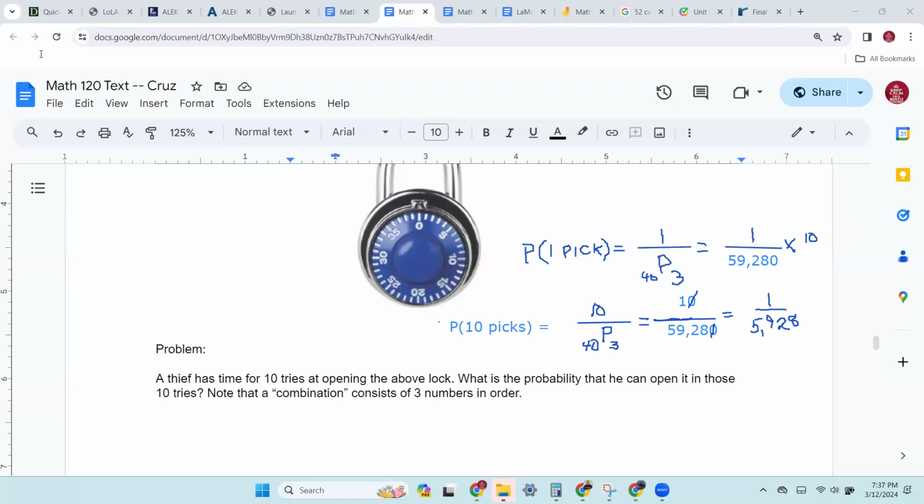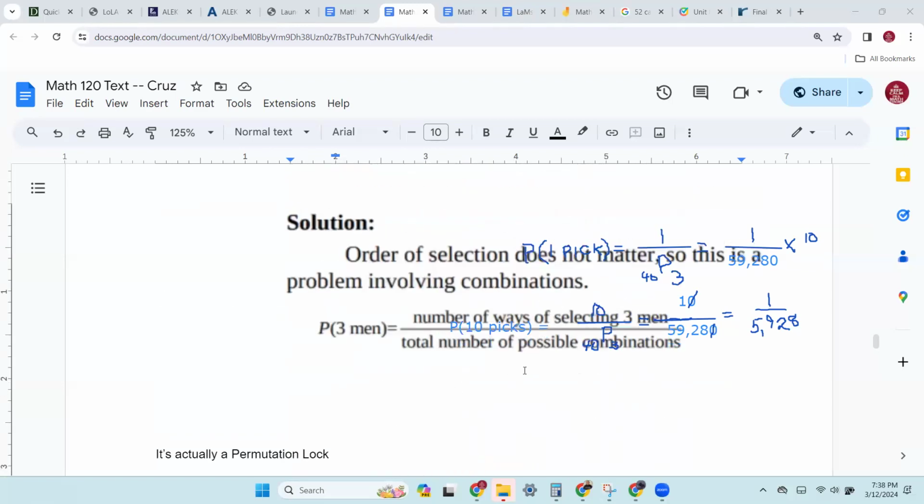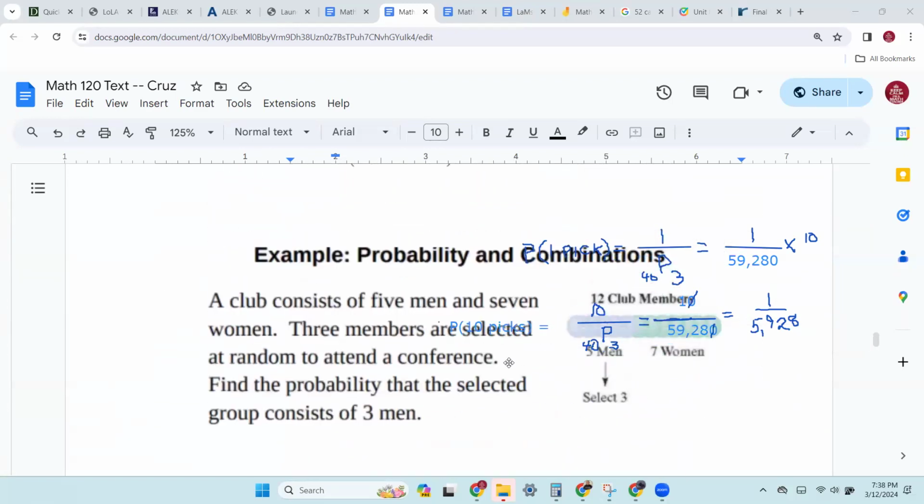So now, depending on how many times you're picking, it will change that numerator. See what we did here on this one, up in the numerator, we had the 3 being picked from the 5 up there, because that was a subset of the denominator.